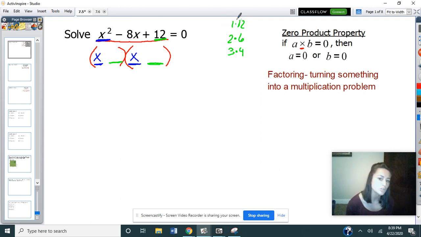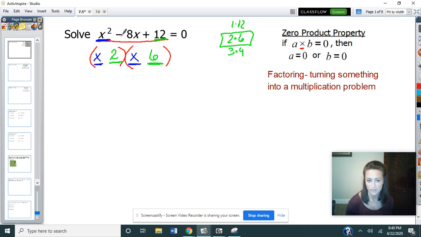So out of these, which ones add, or since we have a negative here, subtract to give me 8? Well, 2 and 6 do, right? But 2 plus 6 is 8, and we need negative 8. So we're going to use the numbers 2 and 6, but we need to figure out what signs they're going to be. Is it going to be positive 2 and positive 6, or a negative and a positive? Let's think about this.